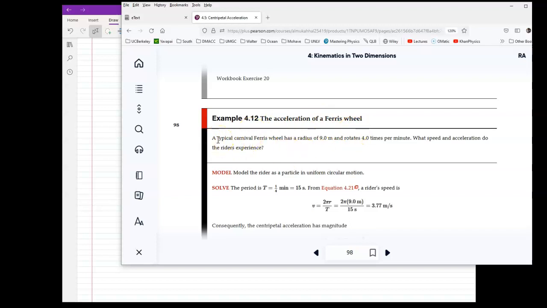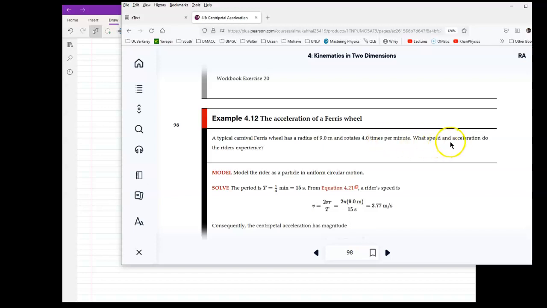It says a typical carnival Ferris wheel has a radius of 9 meters and rotates 4 times per minute. So what is that? That's 4 revolutions per minute, 4 RPM. I can think of it in terms of frequency, and remember, frequency is always revolutions per second, so we're going to convert that to seconds.